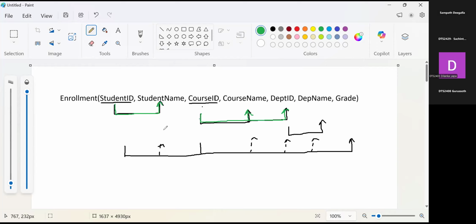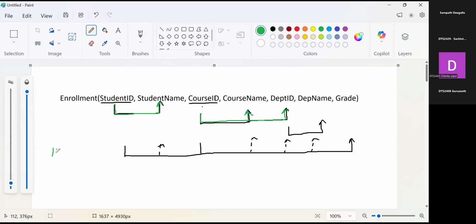Why? It's partial dependency. This is the primary key, but these are dependent on it only partially. So these are partial dependencies, and we can say the relation is not in the second normal form. So it's in the first normal form.